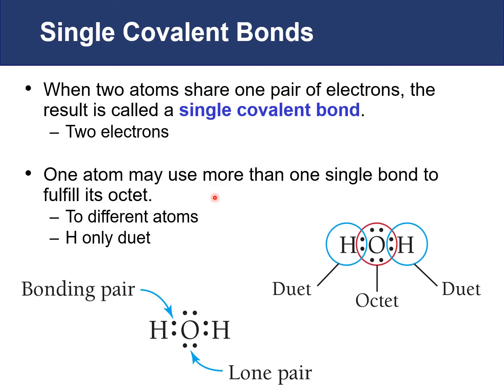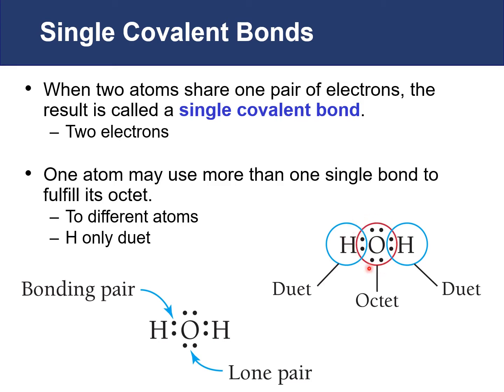This typically occurs to different atoms, and it should be noted, as we said before, because the hydrogen only has a 1s orbital, hydrogen can only form a duet. So the oxygen, in an attempt to fill its octet, will be sharing 1 electron with 2 different atoms.